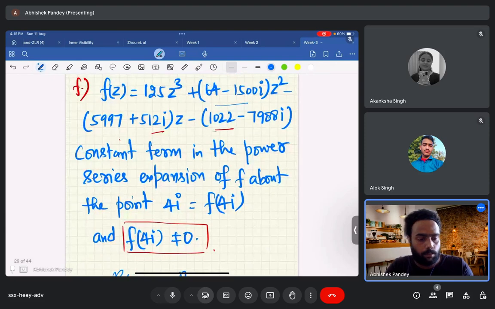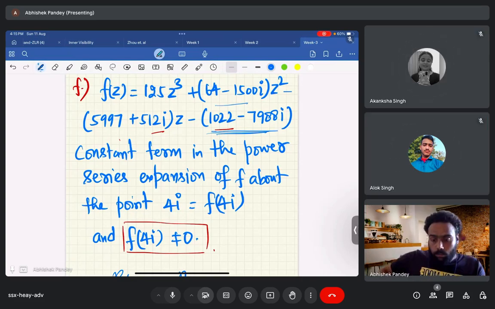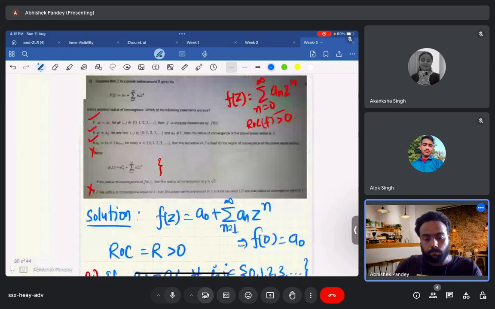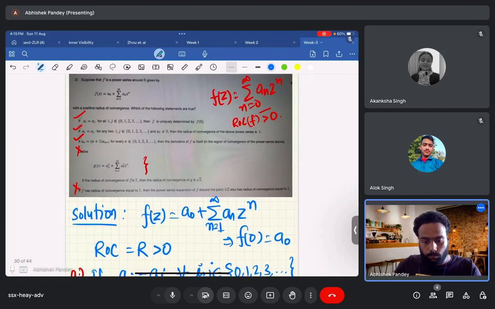Here it is non-zero. Is it clear? Yes. Okay, so this is also not correct.